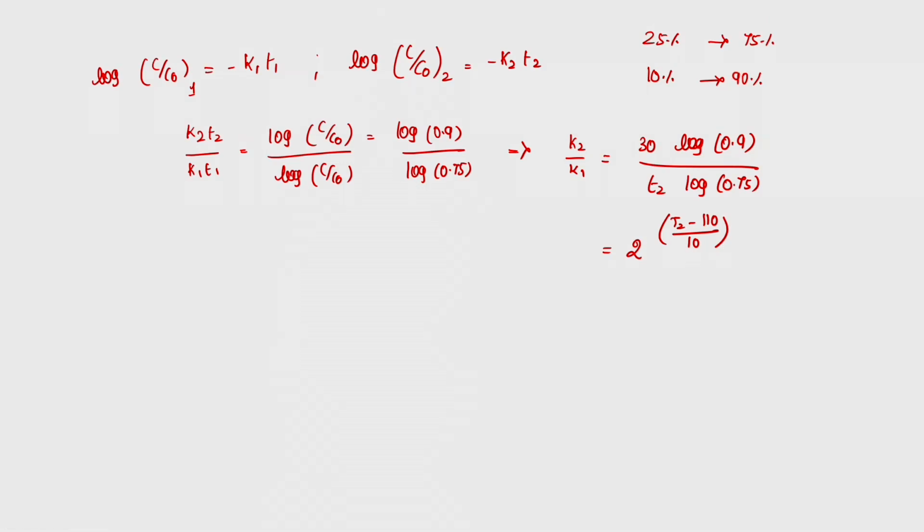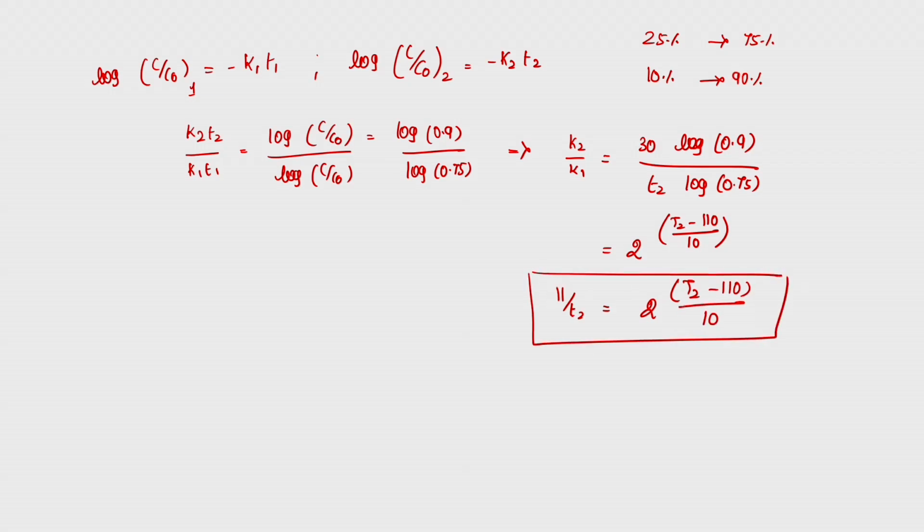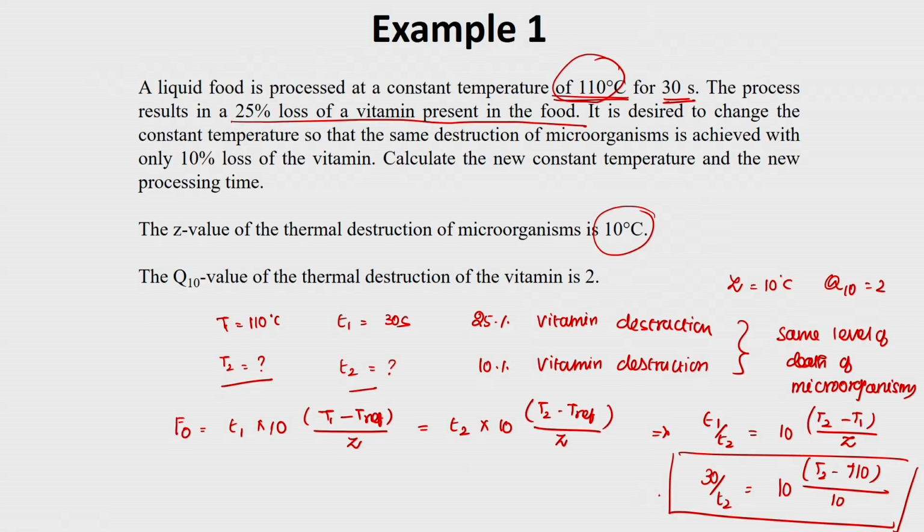So what I have done already, so what we got is K1 K2, so this is there. So it is something like 11 upon T2, which is equivalent to 2 into T2 minus 110 upon 10. So I have my second equation here, and this is my first equation.